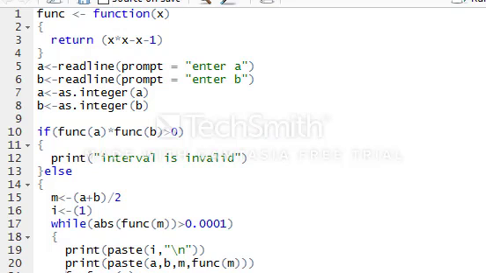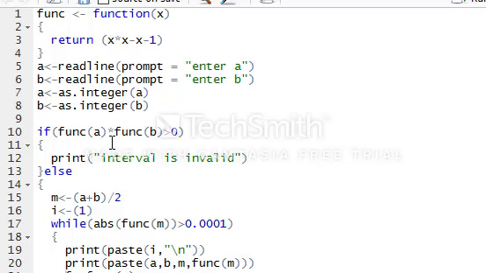Now, according to the explanation I gave just now, I have designed a code in R programming on RStudio. Here, first we will take a variable a, and we'll ask the user to enter a. Then we'll take a variable b, and ask the user to enter b. These will be converted into integers.